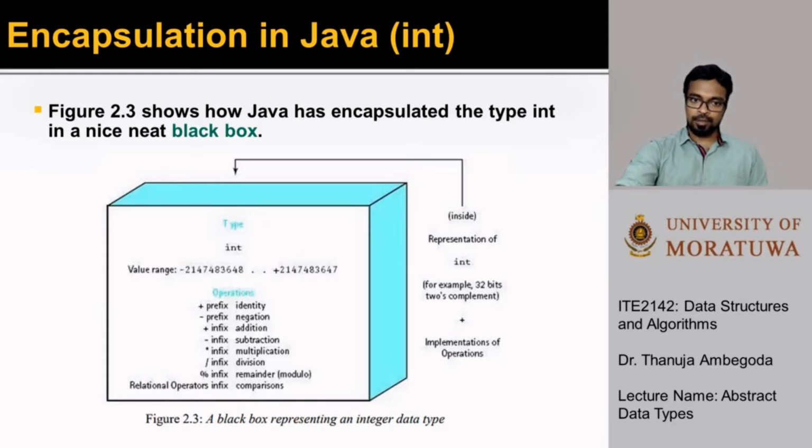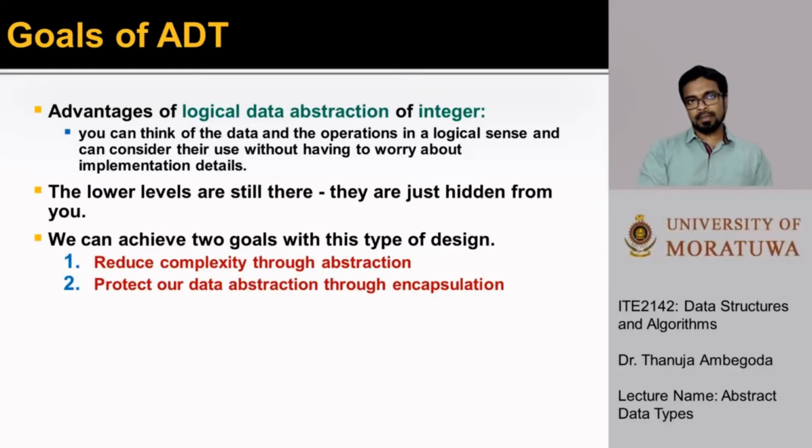And inside you also have listed the operations that can be performed on this data type. Although it was shown as a black box, it means the implementations are hidden away from the user or the programmer. They're just hidden away. They still exist.